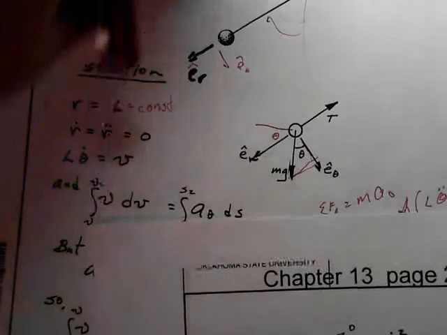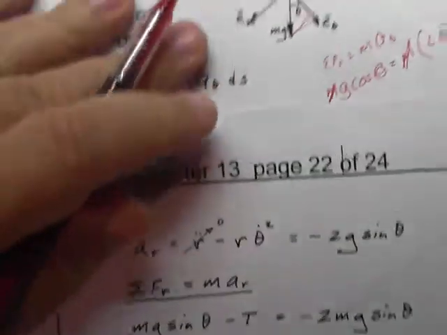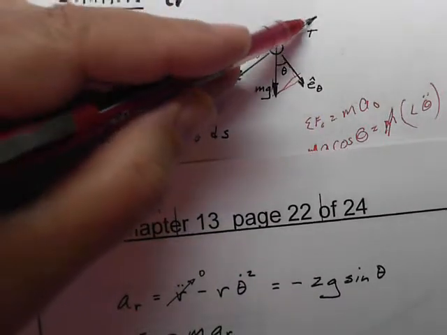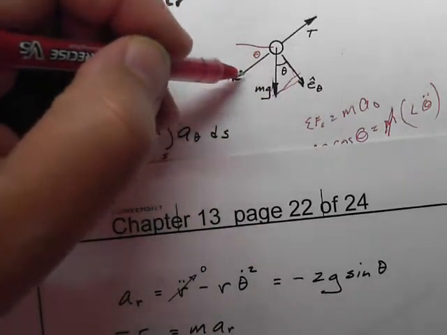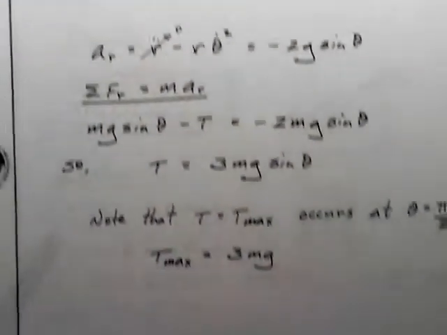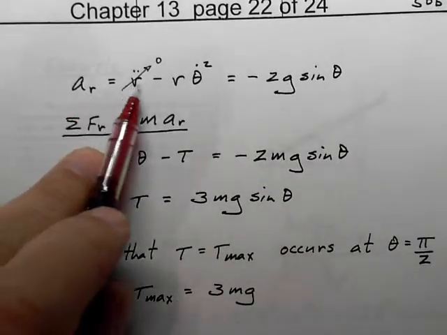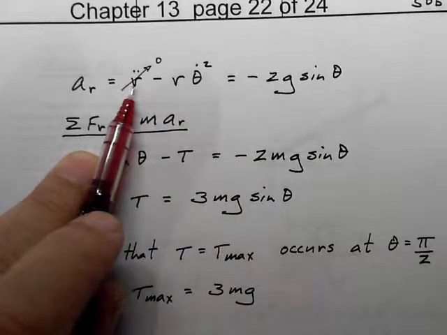Because to find the rope force, looking back, we're going to sum forces in the radial direction, because the rope force only appears in the radial direction, and we'll also have a piece of gravity in that direction, and set it equal to mass times acceleration in the radial direction. From the equation sheet, acceleration in the radial direction had two terms. That one with the derivative of r goes to 0 because r is a constant.